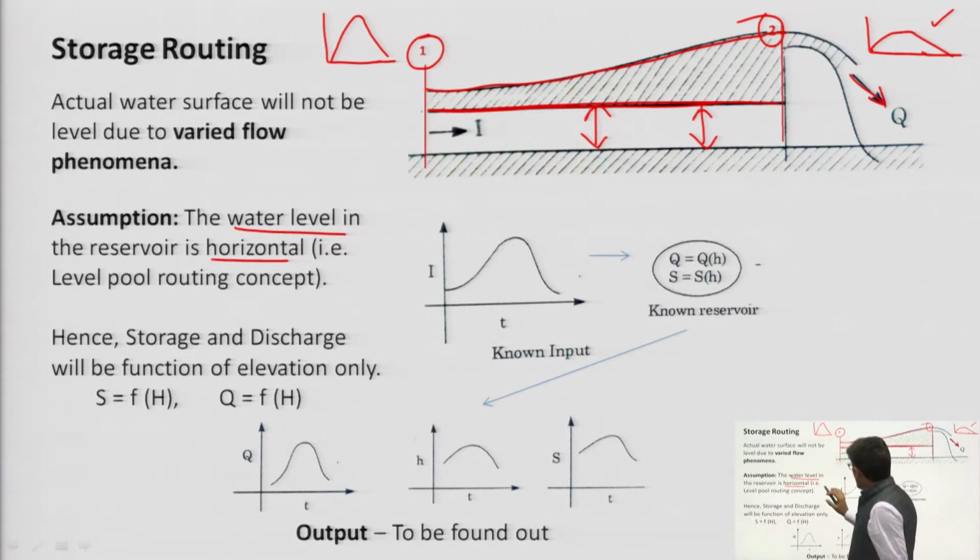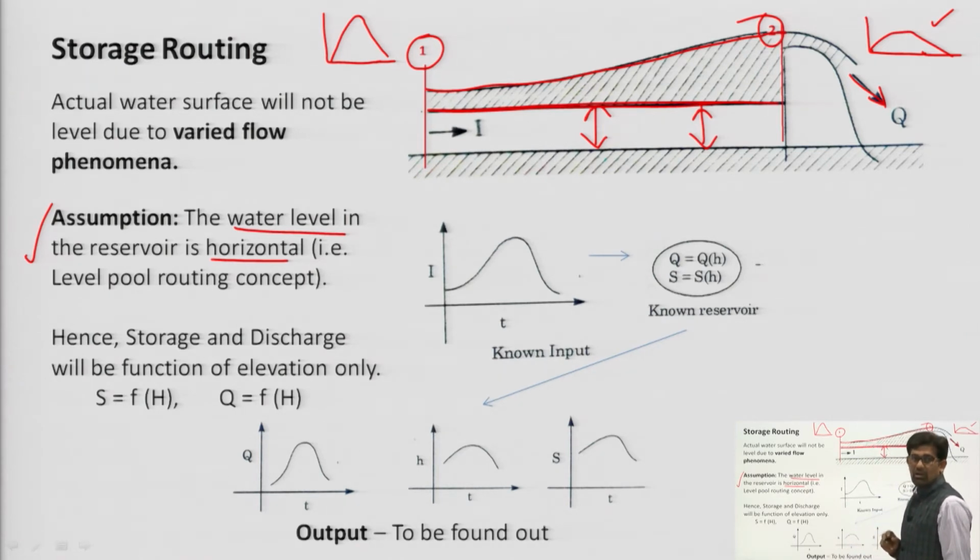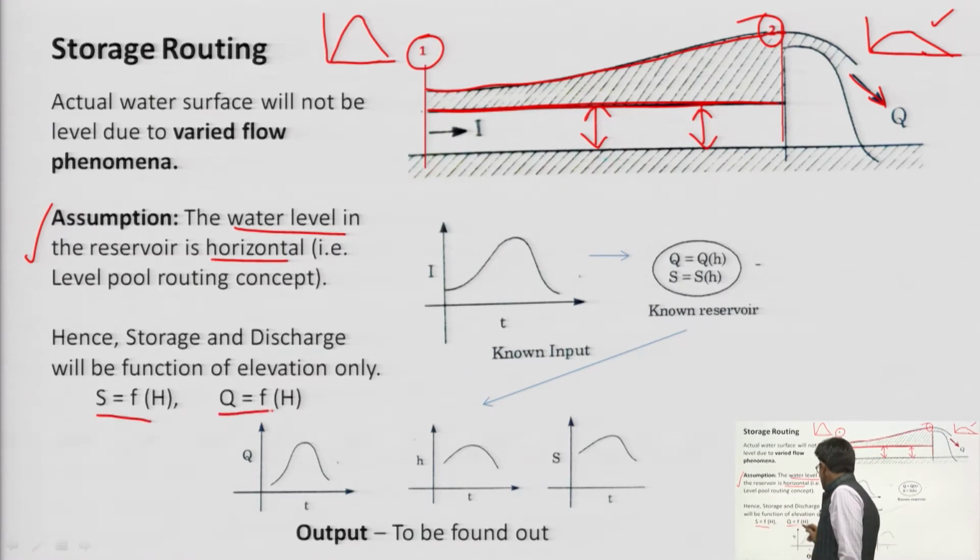If we take this assumption, then we can have two parameters. The first one is storage, and the second one is discharge. Both will be functions of this height h.